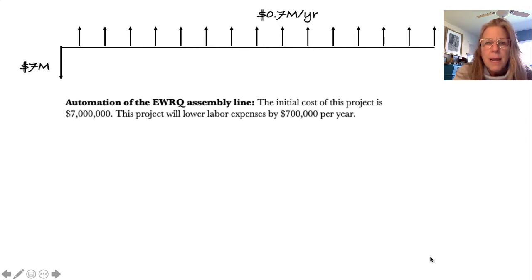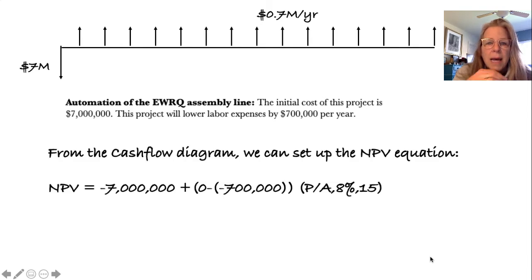Now, the last one I'm going to look at is this assembly line. We have an initial cost of $7 million, but it will allow us to save money along the way, 700,000 per year. So I have an investment of 7 million, no income, but lower expenses. So I have a minus 700,000, which is a positive number.